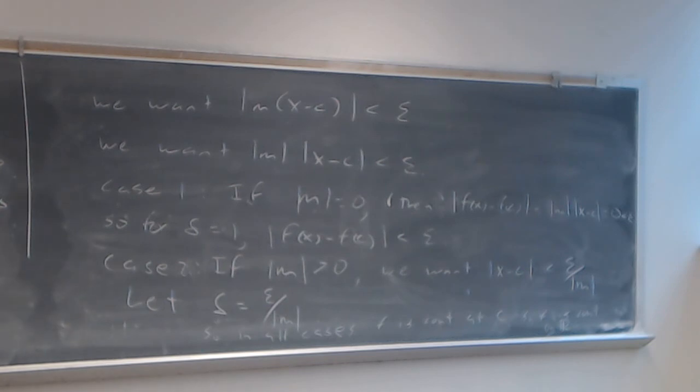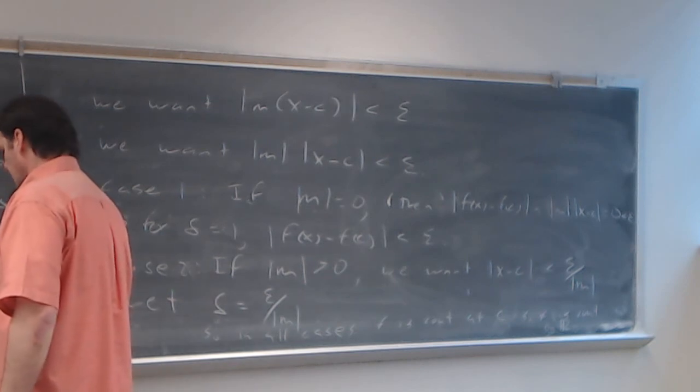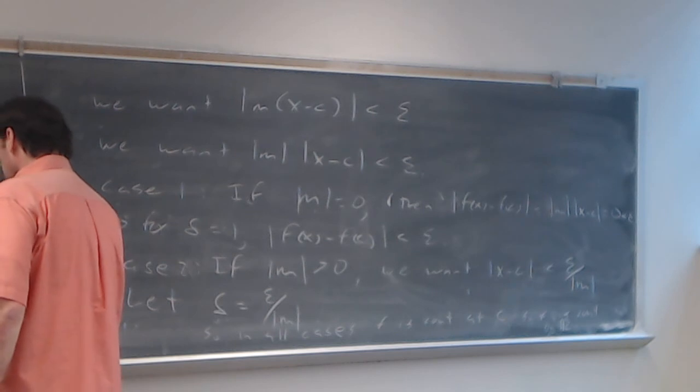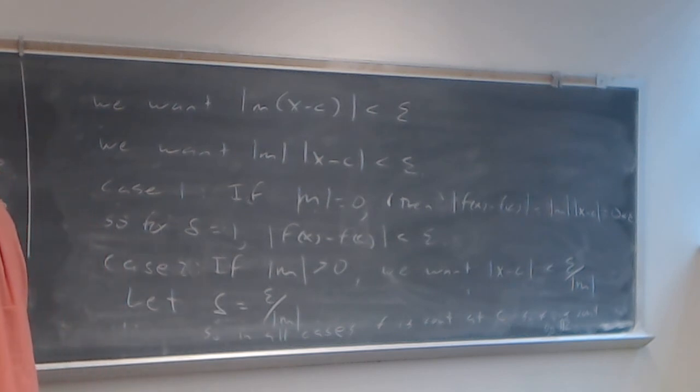And fourthly, if g of x is never 0 for all x an element of A, then f over g of x is continuous at c.